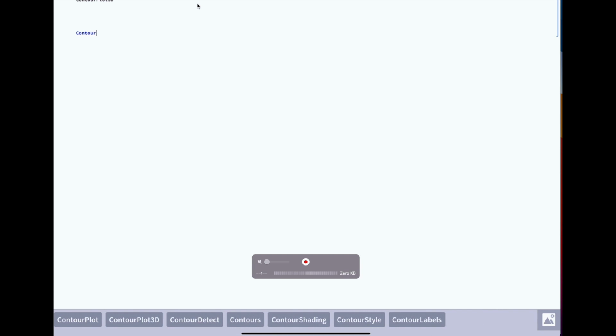Let me just type it here so that you can see: Contour 3D plot, and if I remember what I have to do, I have to put x to the 3 plus y to the 3 plus z to the 3, and then I have to move everything to the left. This is the weakness: I have to put this star for the product, and then I have to put two equalities, equal to 0, if I remember it correctly.